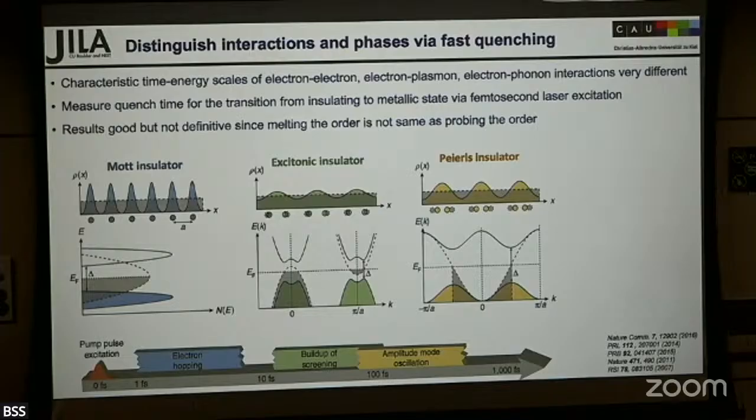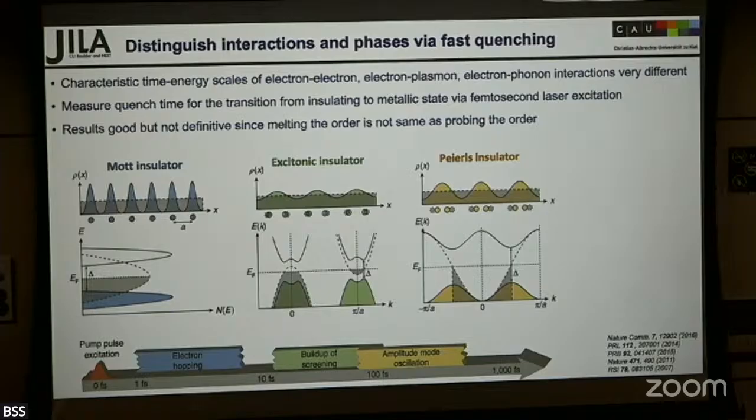But surely if we took a laser and drove it through the phase transition, we might be able to tell what the ground state order was just by looking at that melting time. It was a proposal. We have papers published on this.